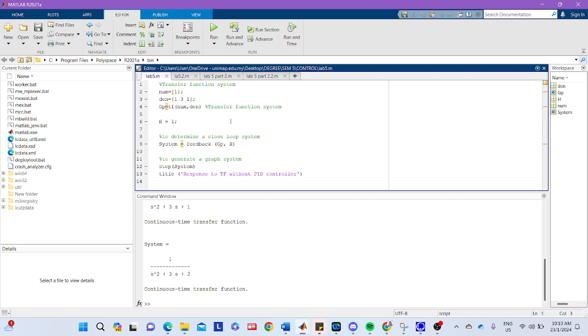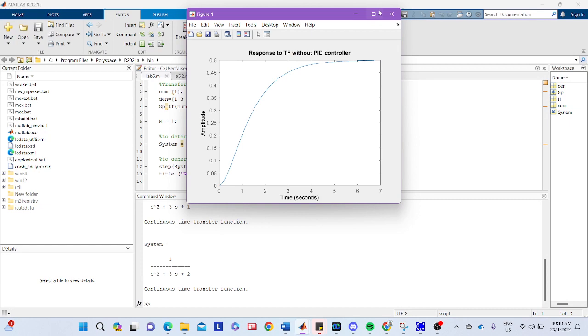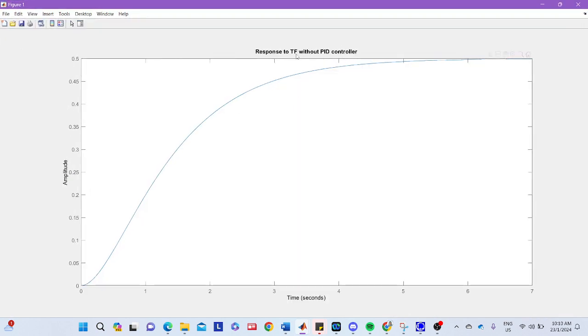We put the transfer function into the coding, and we can get the graph response of the transfer function without the PID controller. So we need to know the rise time, settling time, and overshoot. Here, the rise time for this graph is 2.59 seconds and the settling time is 4.6 seconds.